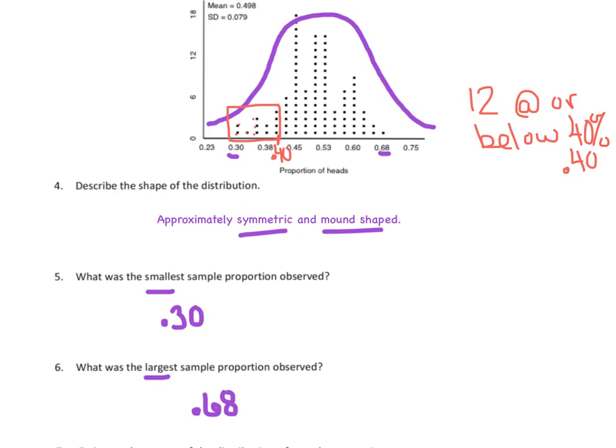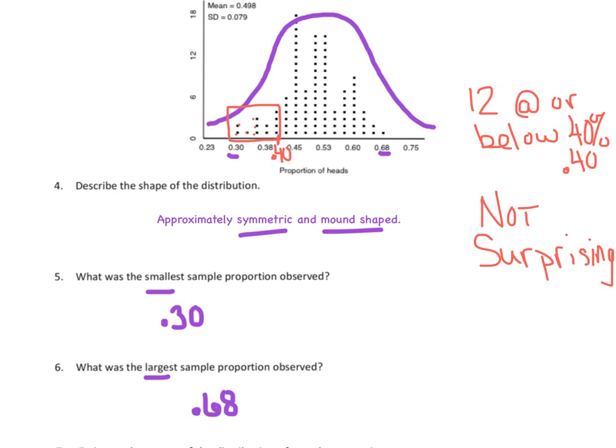So our sample, although it wasn't the most likely one, is certainly possible, as this sampling distribution has proven. And to ultimately answer their question, we're going to say that a proportion of 0.4 was not surprising, because our distribution shows that it's certainly possible.